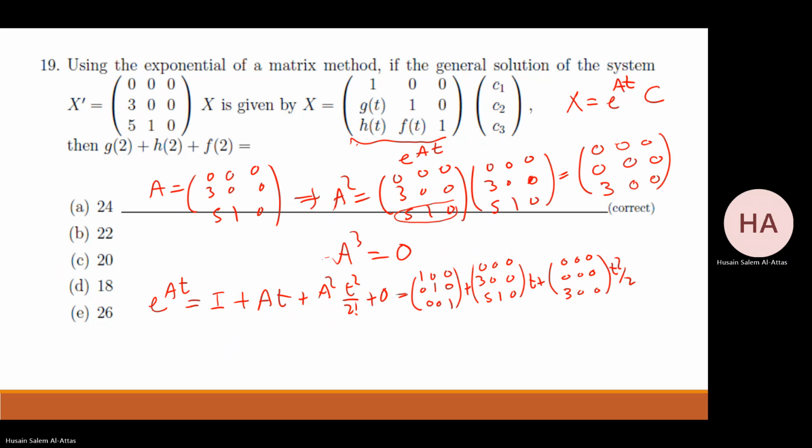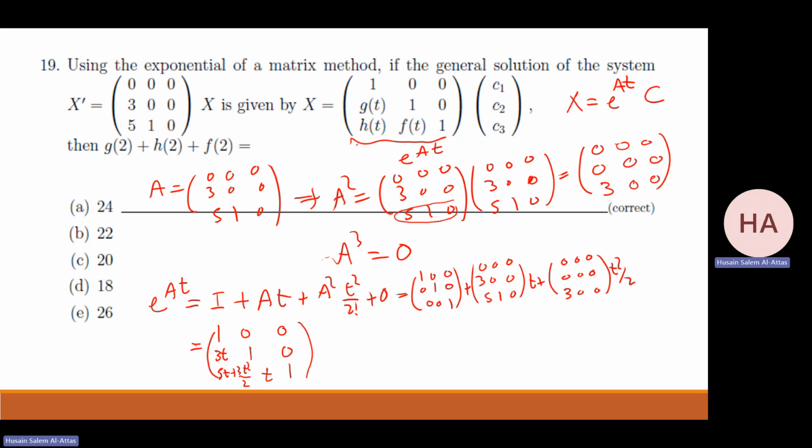Okay. So that will be what? 1 plus 0, 0 plus 0, 0 plus 0, 3t. Then I have 1 plus 0, that is 1, 0 plus 0. Then I have 5t plus 3t squared over 2. Then 0 plus t, and the last one is 1.